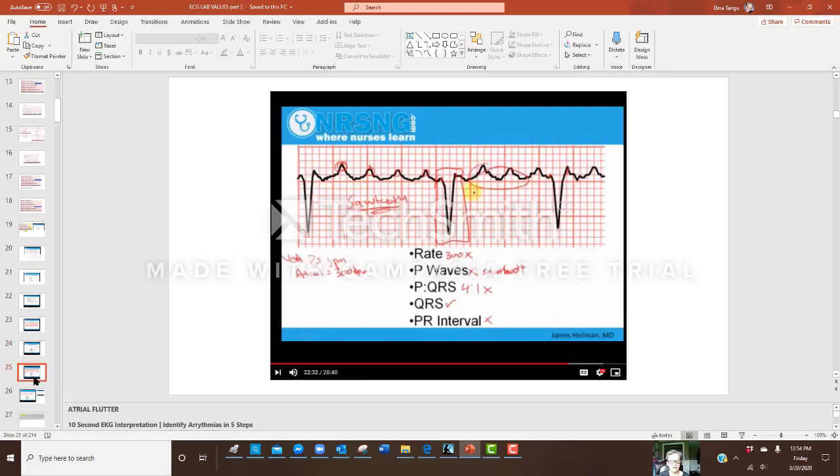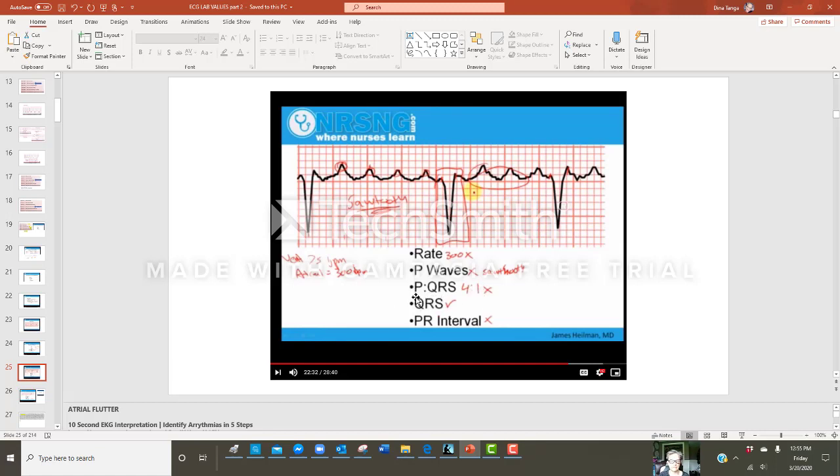Here's atrial flutter, a sawtooth P wave. The rate is more than 300 beats per minute. The P waves are sawtooths. There are 4 P's to every QRS.